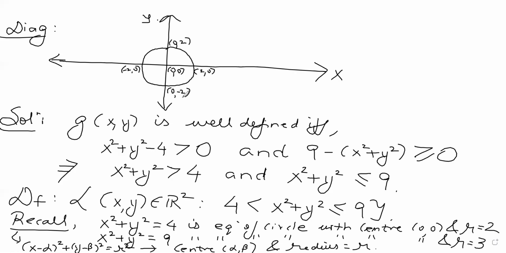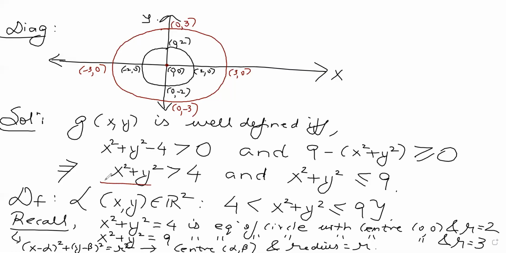Okay. And then I have another circle, the bigger circle, with the radius 3. The center still remains the same, but now we have (3, 0), (0, 3), (minus 3, 0), and (0, minus 3). Now let us do the shading.